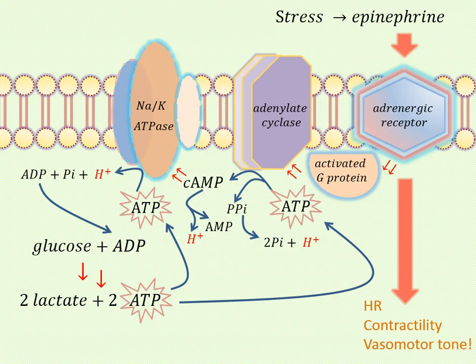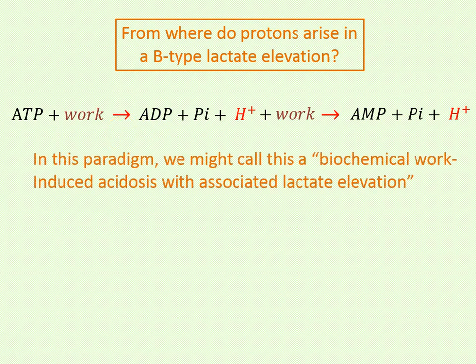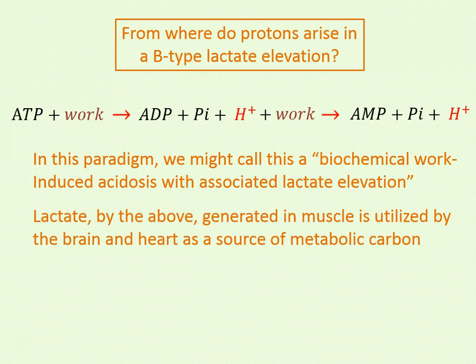Even though in this particular cell, the Krebs cycle could be rumbling along perfectly well. This is your anaerobic glycolysis and lactate formation. So this could be where the protons are coming from in a B-type lactate. But in this paradigm, the important thing is we would call this a biochemical work-induced acidosis with associated lactate elevation.